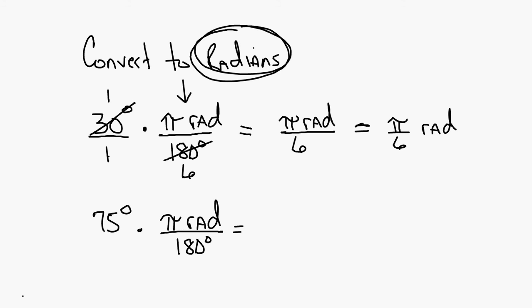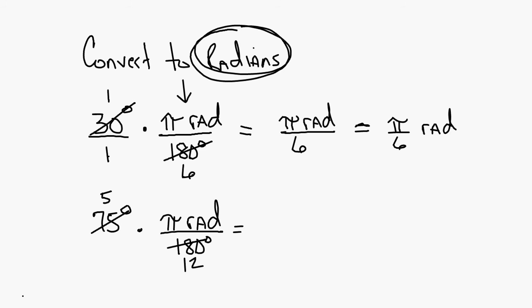Does 15 go into 75 5 times? 15 goes into 180 12 times? So this simplifies to 5 over 12. 15 goes into 75 5 times, and 15 goes into 180 12 times. So that's about as simple as you can get it.